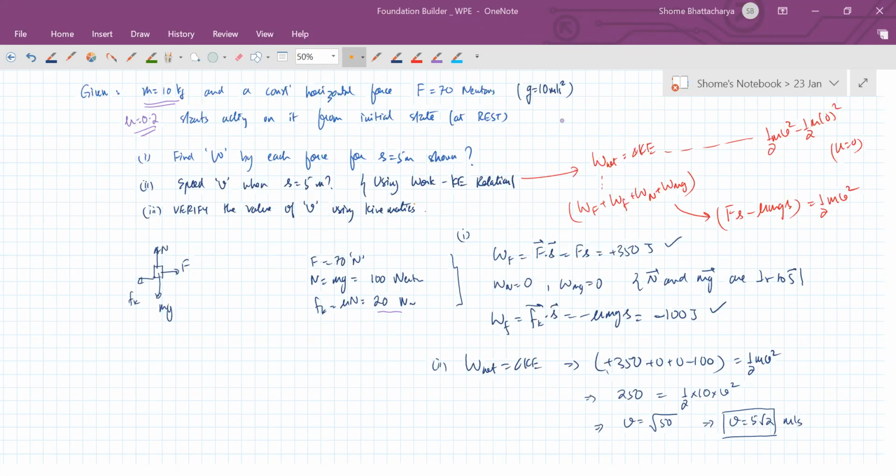Okay, now come to the third part. How will we verify using kinematics? For that, you will first have to find the acceleration of the body and then use kinematics, that v square is equal to u square plus 2as.